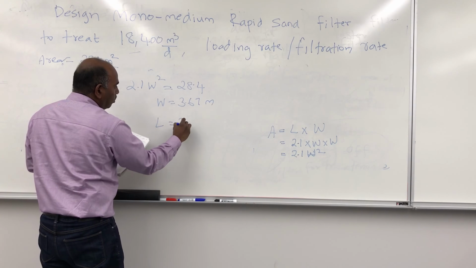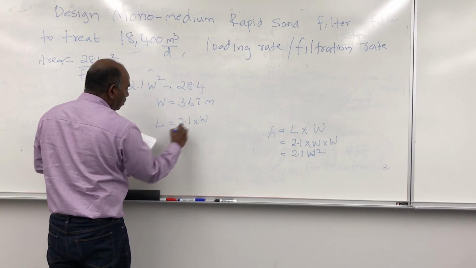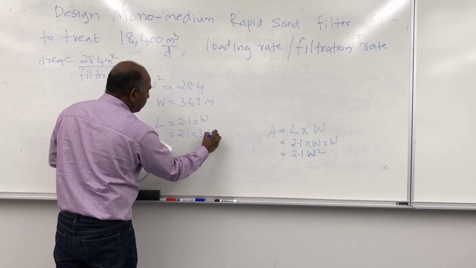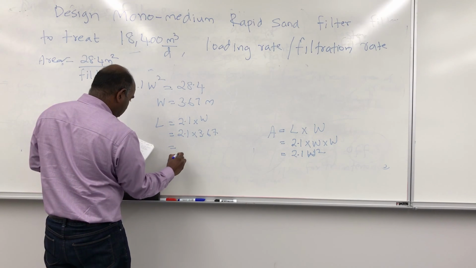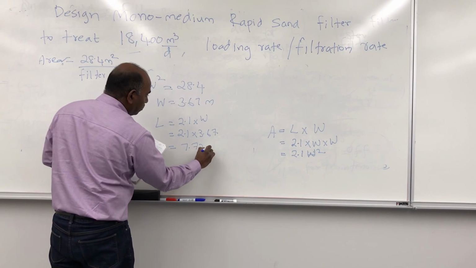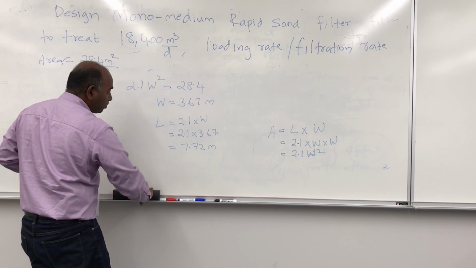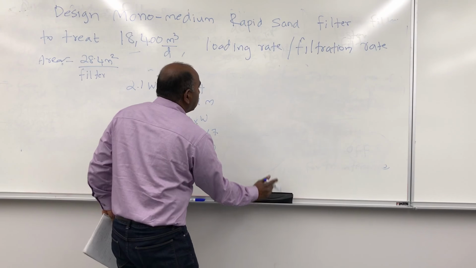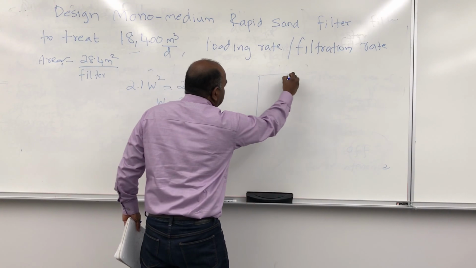Length equal to 2.1 times W. That will be 2.1 times 3.67 equal to 7.72 meters. So this is a filter.